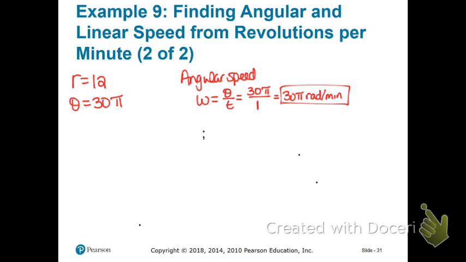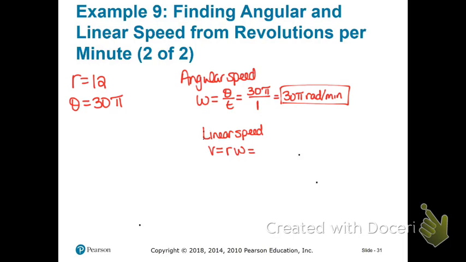Now for my linear speed, sorry about that thing still being in the middle of my screen there. For linear speed, since we know omega, we can use the formula that the linear speed is equal to the radius times omega, which means then you're going to have your radius.